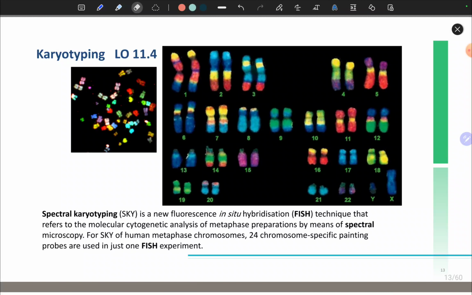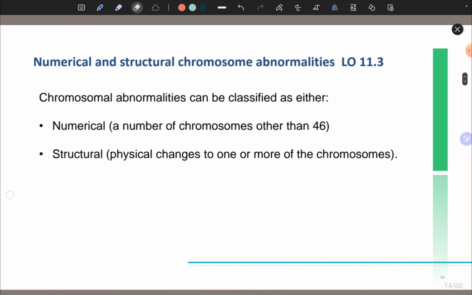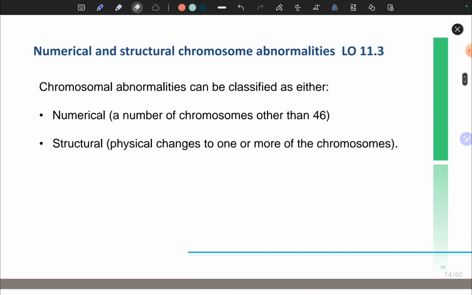Now, we understand how first we check the chromosomes: we should do karyotyping. Without it, we cannot understand whether this patient has an abnormality or not. So you should take a picture of the chromosomes, then you analyze that.